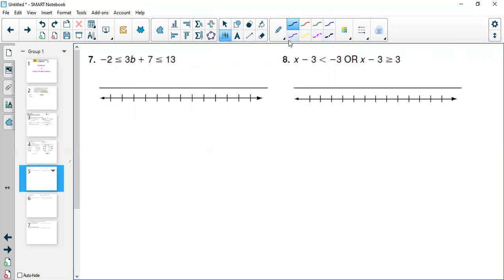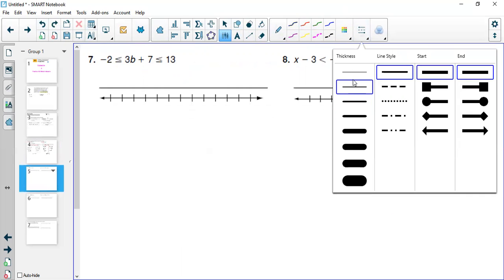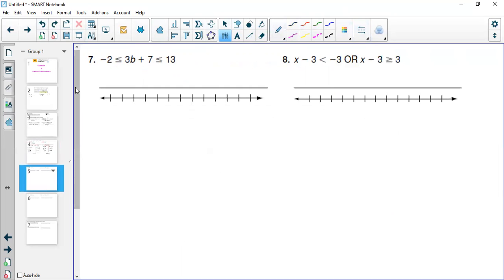Right, so let's move on to the next question. Now hopefully by now you must know how to separate the inequalities. So I'm not going to draw the circles this time, because you all know how to separate the inequalities now.